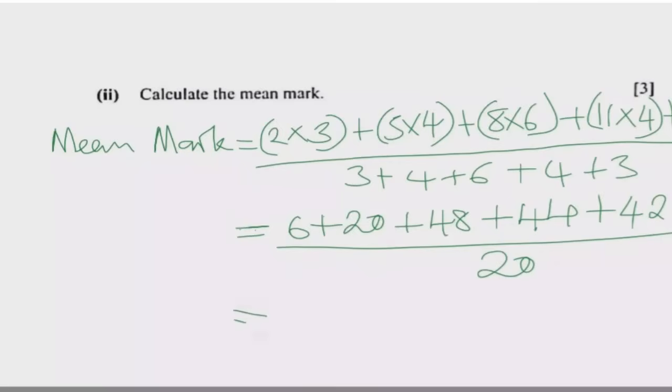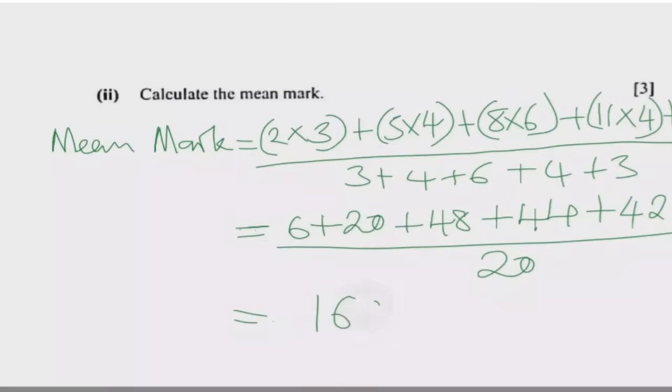Which is equal to, now we evaluate that. 6 plus 20 will give us 26. 26 plus 48 should give us 74. 74 plus 44 gives us 118, plus 42 gives us 160.